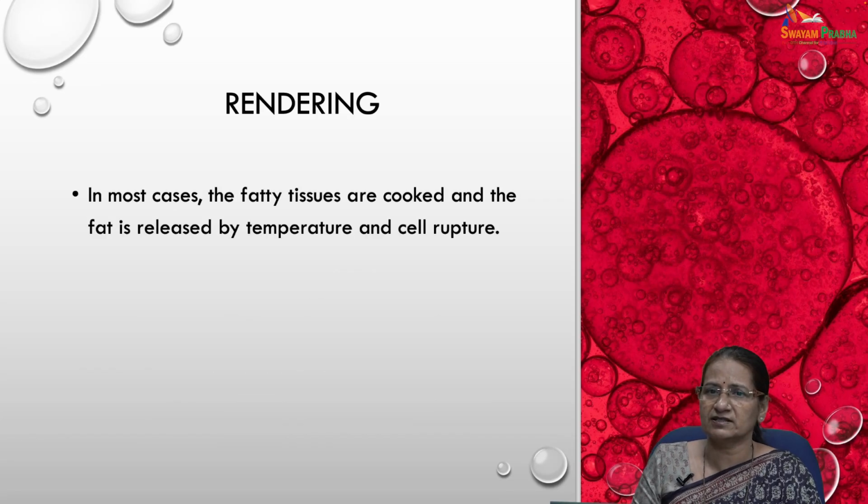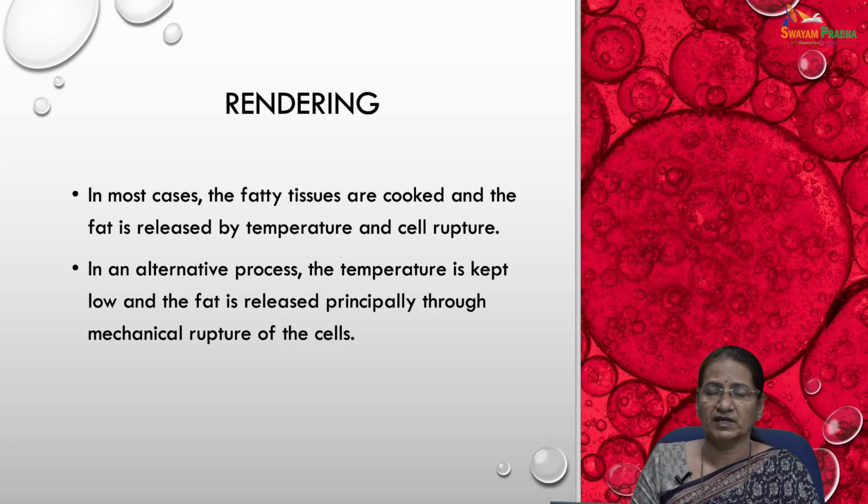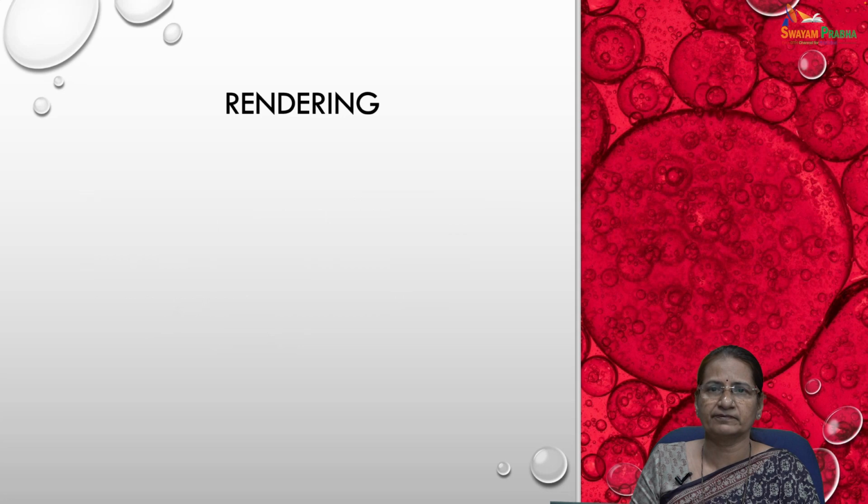In most cases, the fatty tissues are cooked and the fat is released by temperature and cell rupture. In an alternative process, the temperature is kept low and the fat is released principally through mechanical rupture of the cells.